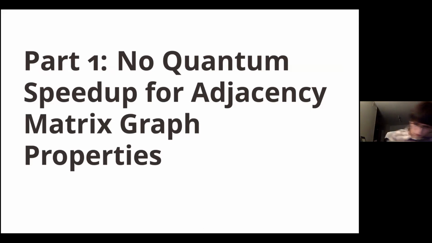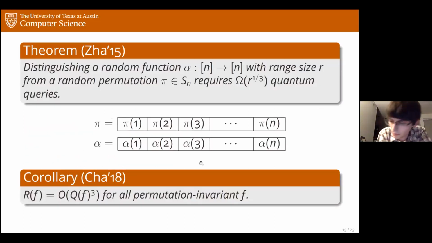Our proof builds on the proof due to Chailloux for the case of fully symmetric functions. Chailloux showed that this at most cubic separation between randomized and quantum query complexity for permutation invariant functions follows as a corollary of this theorem due to Gendre. Consider the following two distributions over strings of length n.